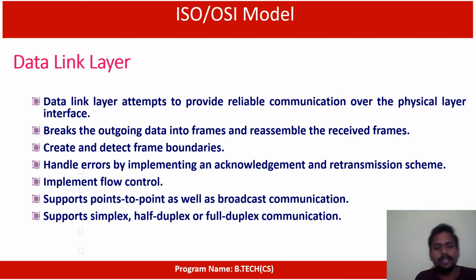And here we are saying that it supports simplex, half duplex, and full duplex communication. First, we have to understand simplex and half duplex. Suppose a communication medium is able to do one-way traffic, that means either I can talk or you can talk. That is simplex. If it is half duplex, then when I talk, you should not talk, or when you talk, I should not talk.